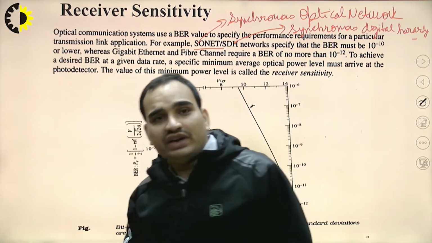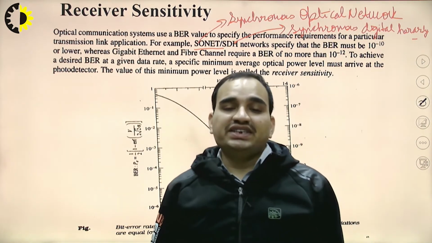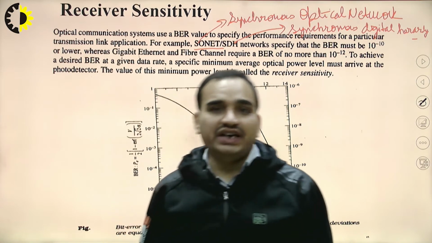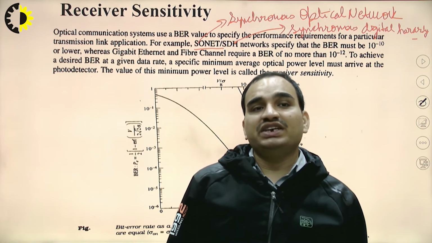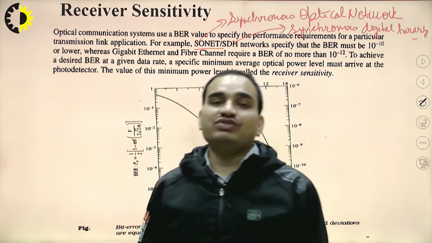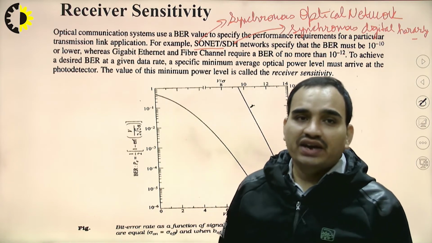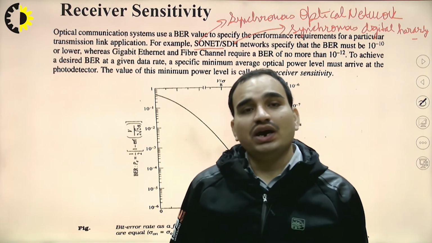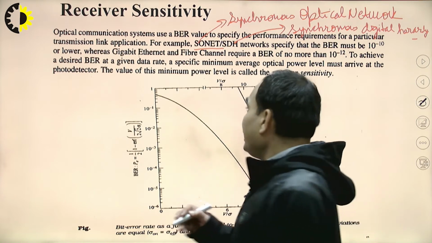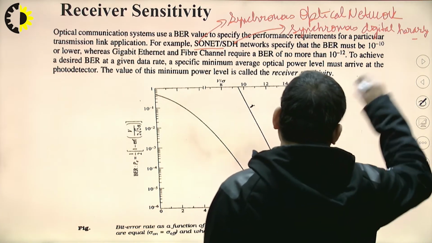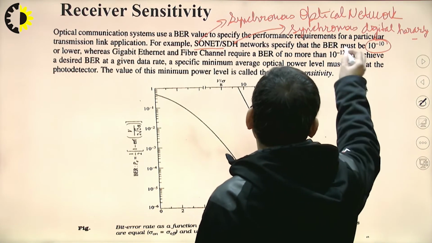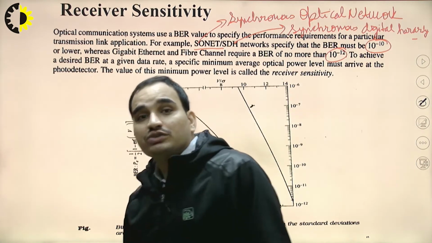So these are the two networks which are used as an extension of optical communication, and this network specifies that the BER must be 10 to the power minus 10 or lower, whereas the gigabit Ethernet, which we are using as the internet, and the fiber channel require a BER of no more than 10 to the power minus 12.